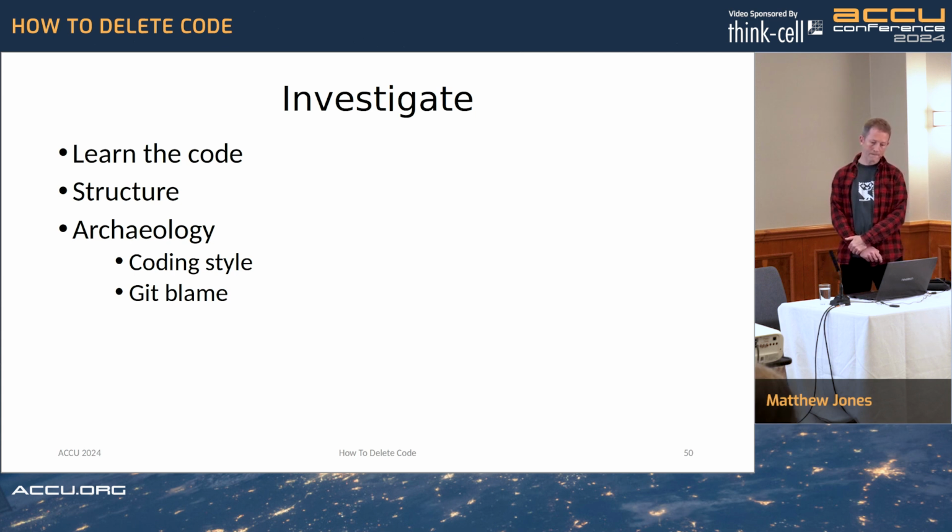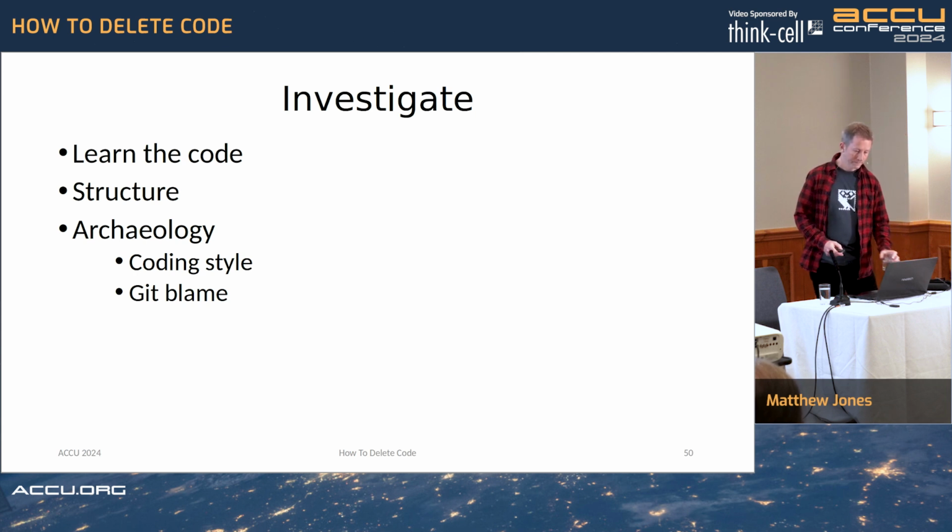A small point on coding style is that most projects advocate a particular coding style, and everyone, if they're good, sticks to it. That can hide valuable information. If the coding style changes over time, you can look at a piece of code and immediately tell how old it is from the style. That will give you a hint that this might be an area of problem or dead.